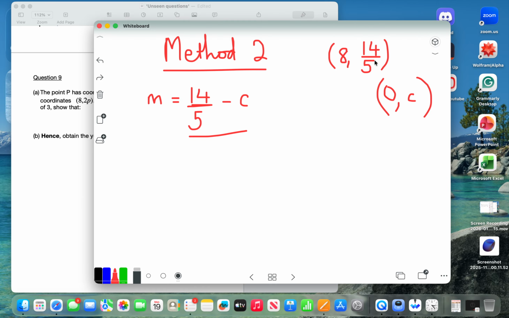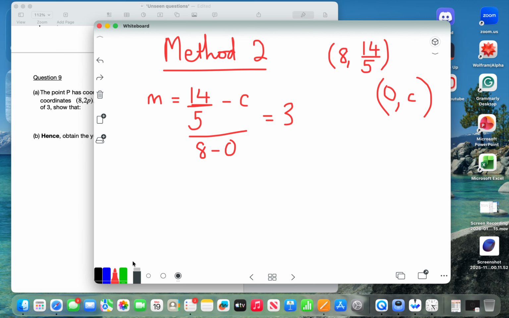So because we chose to do 14 over 5 first on the top, we have to then put 8 there. We could have put c minus 14 over 5, but because 0 is the x coordinate corresponding to y is c, you would have to then do 0 minus 8 on the bottom. You'd have to do it in the correct order. And the gradient in the question is 3.